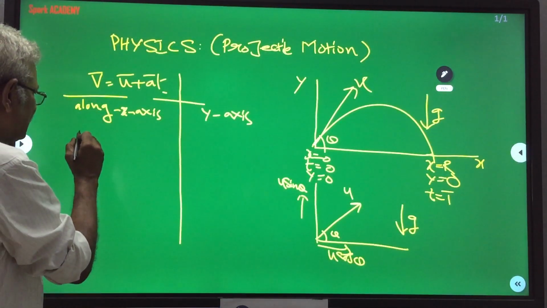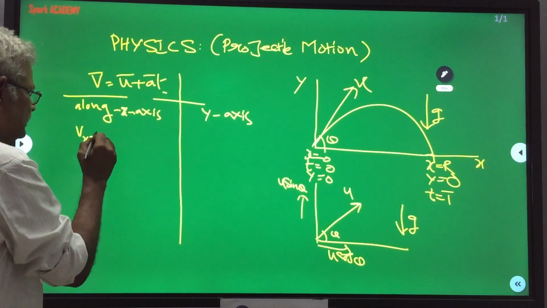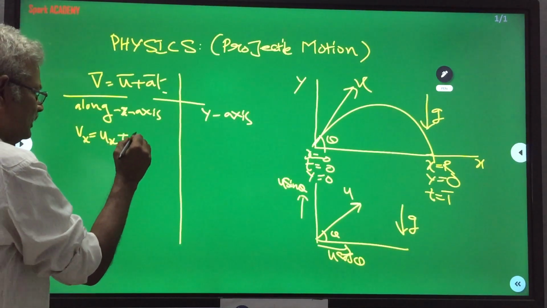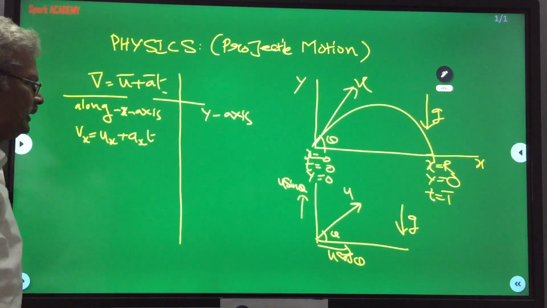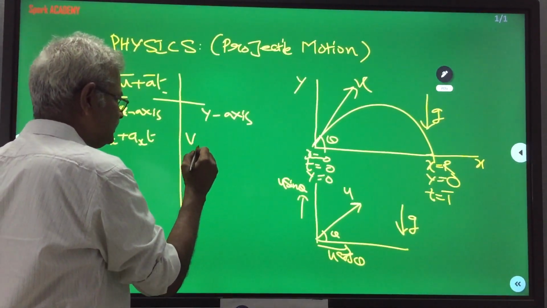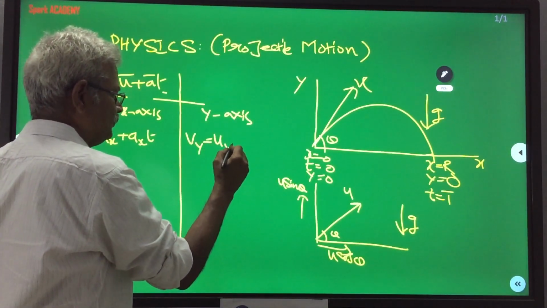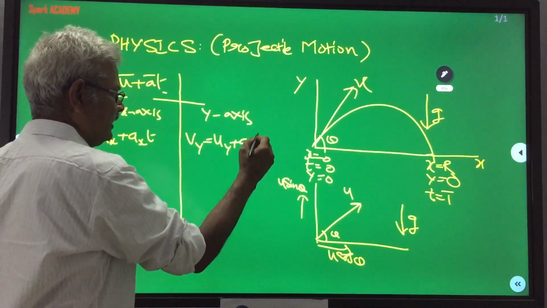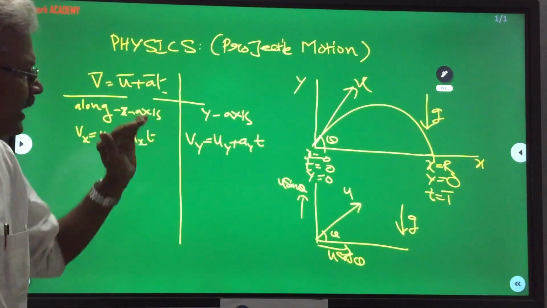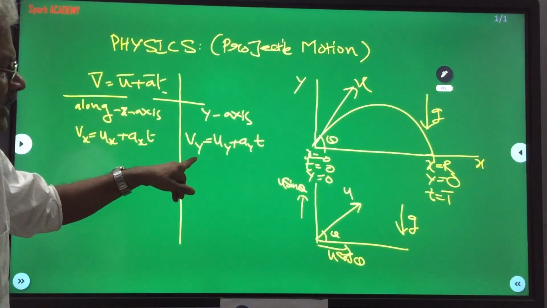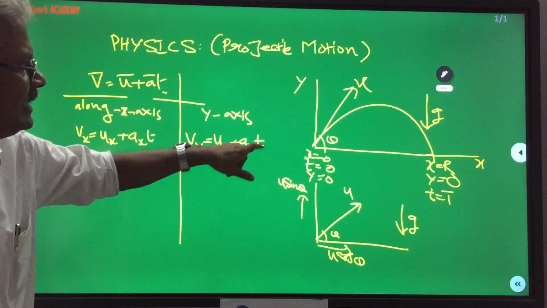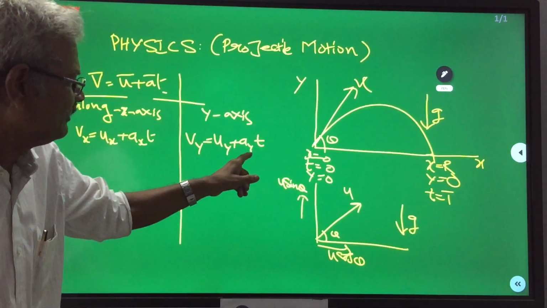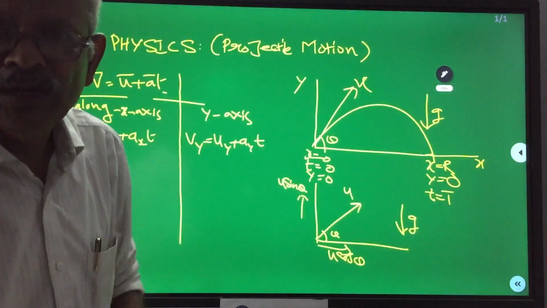Along the x-axis, if you take, vx is equal to ux plus ax into t. And vy is equal to uy plus ay into t. What I mean is, when you take velocity along the y direction, initial velocity also along the same direction, and acceleration along the y direction only you have to take.